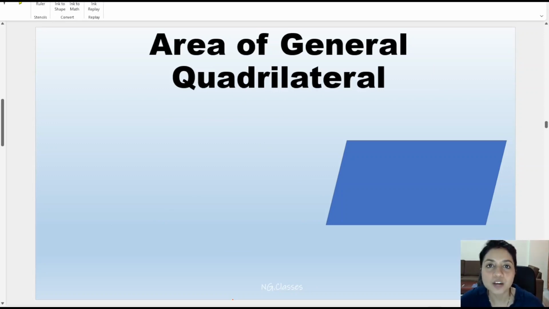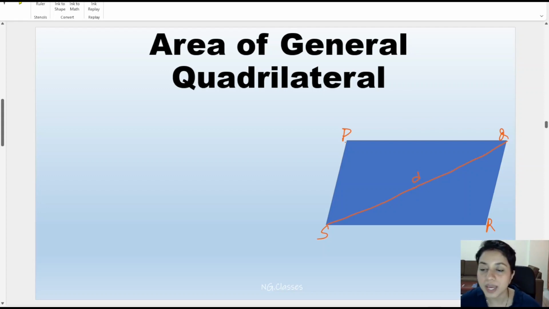Now let's see how to find the area of a general quadrilateral. Let's give it a name P, Q, R and S. Now let's draw the diagonal of this quadrilateral. So let's say SQ is a diagonal and let's assume this SQ is D centimeter or D unit.